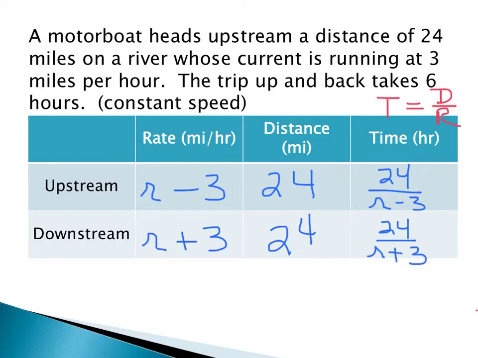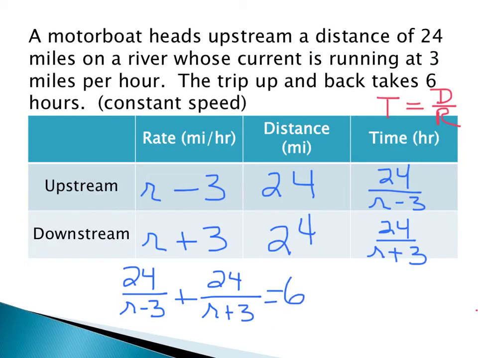Our equation then becomes, because the trip takes 6 hours both ways, we add the upstream time and the downstream time together and they're going to equal 6. So we have 24 over r minus 3 plus 24 over r plus 3, and that's going to equal 6.